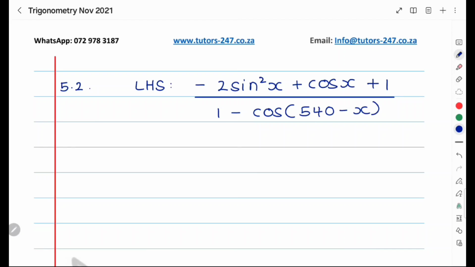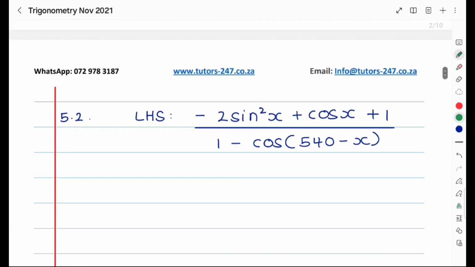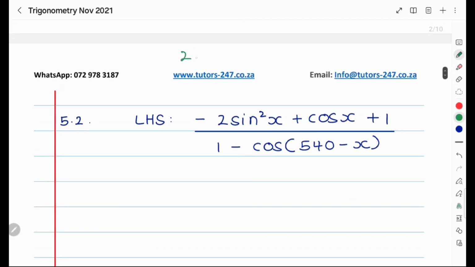So we need to simplify this and reduce this into 2 cos x minus 1. So let us just write down the solution on top, 2 cos x minus 1. So this is what we need to work towards.